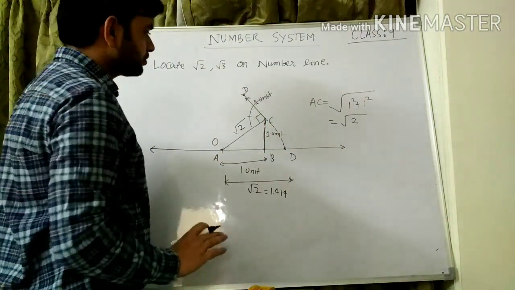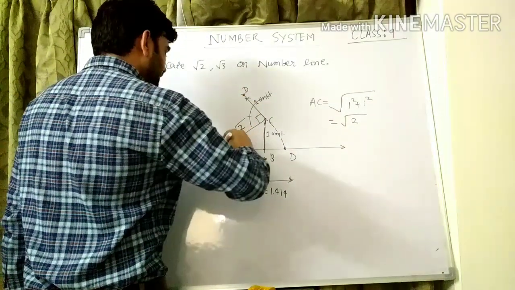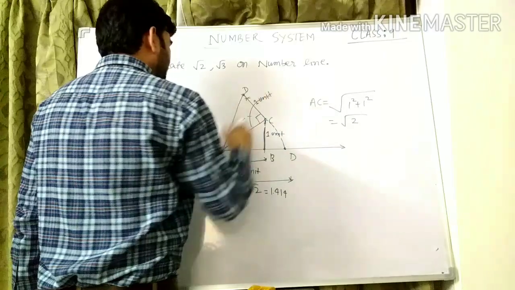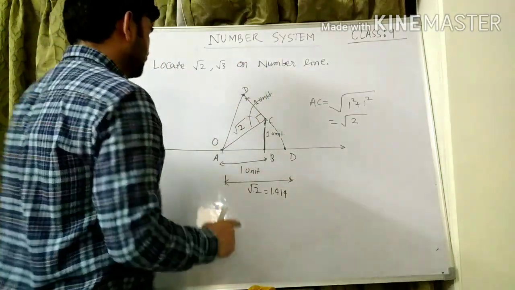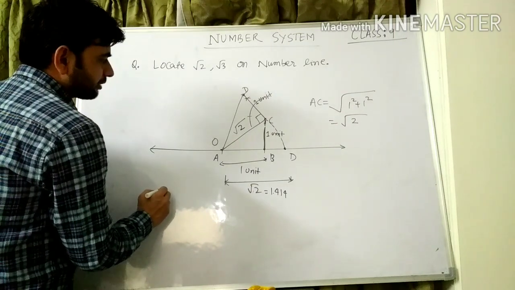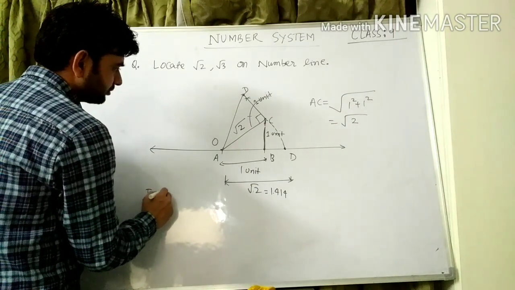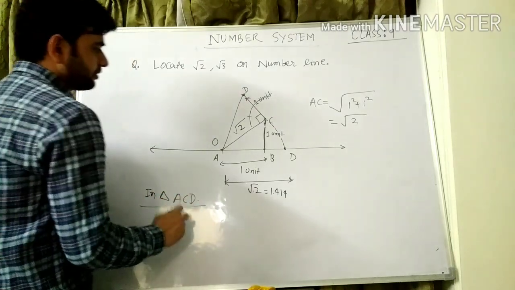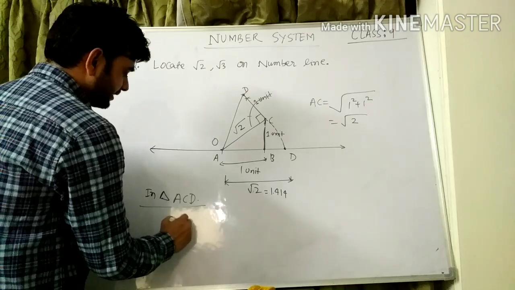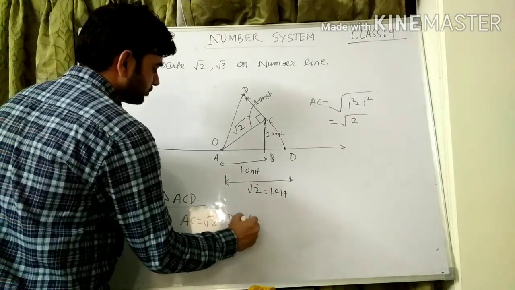Again, you will draw the line from A to D. So what is the length of AD? Here I am calculating. In the right angle triangle ACD, AC is equal to root 2 and DC is equal to 1.